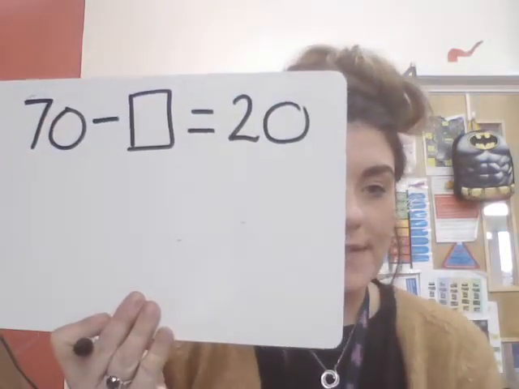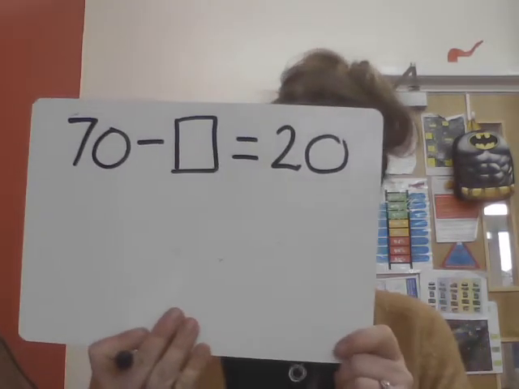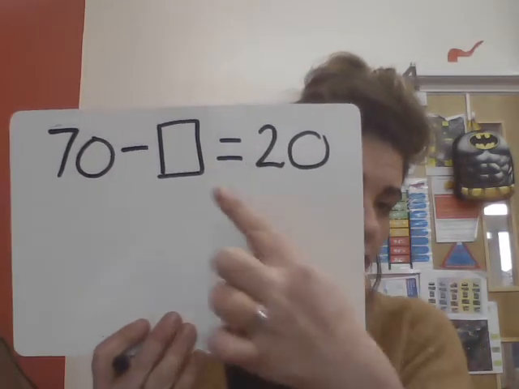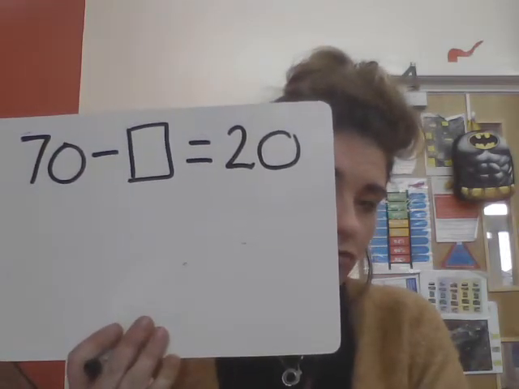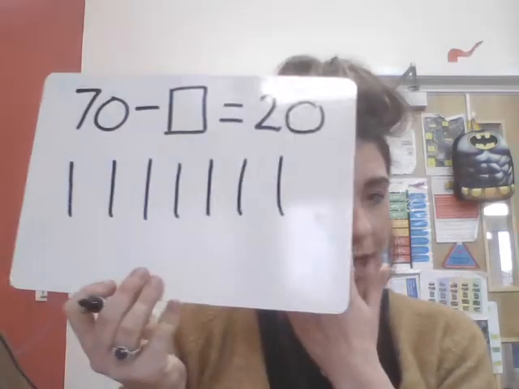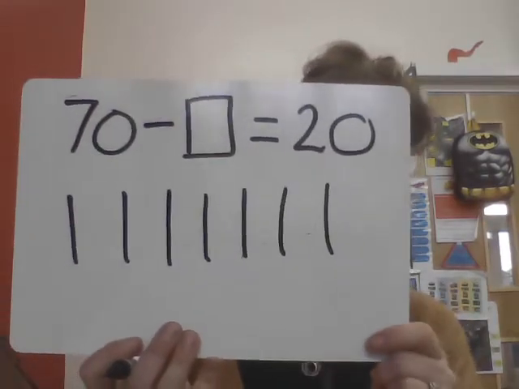So there's an example. 70 takes something away, leaves me with 20. So I'm going to start by drawing 70. So how many tens would I need to draw 70? Just tell your grown up. I would need 10, 20, 30, 40, 50, 60, 70. So I've drawn my 7 tens there. You can count on the screen just to check.